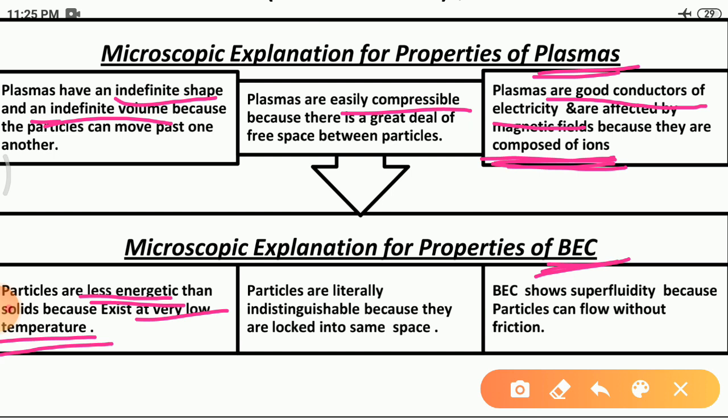Particles are literally indistinguishable because they are locked into the same space. And BEC shows superfluidity because particles can flow without friction. So that is the microscopic explanation for plasma and BEC.